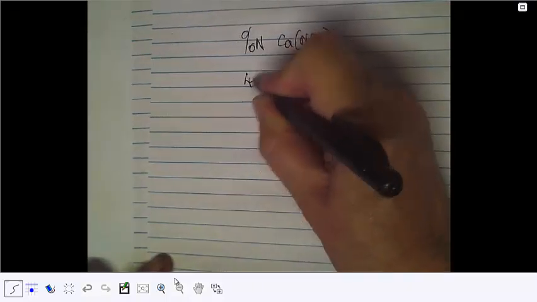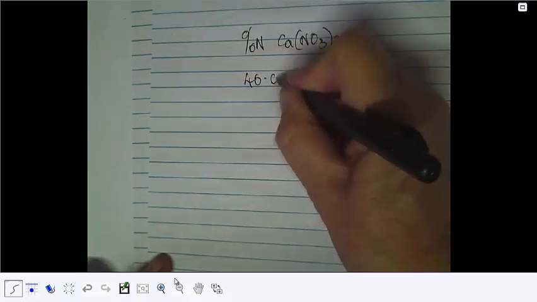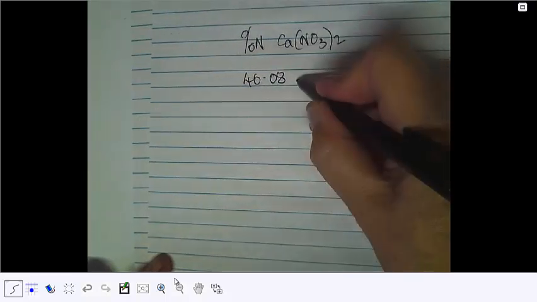Let's look at another example. Let's consider the percentage of nitrogen by mass in calcium nitrate. Now, once again, we need the molecular mass of calcium nitrate, and calcium is 40.08. Nitrogen, there are 2 atoms of nitrogen.